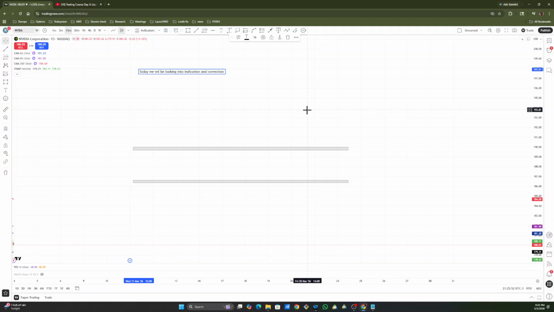So indication is when the market moves, creates a swing high, swing low, swing high, swing low.